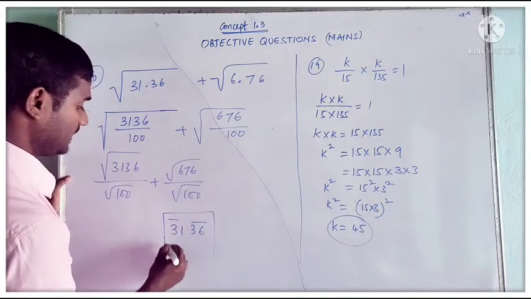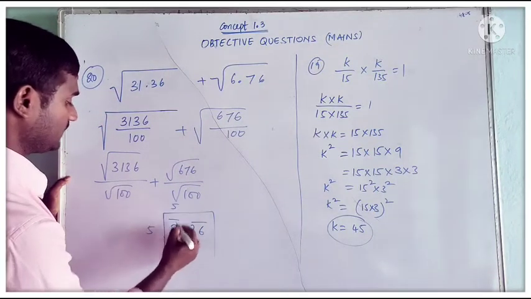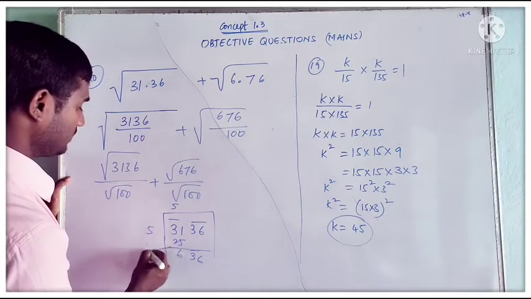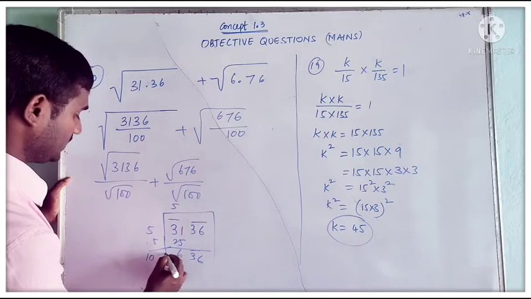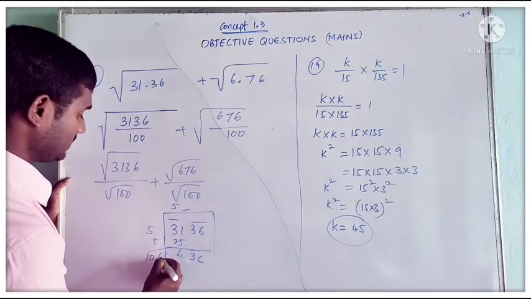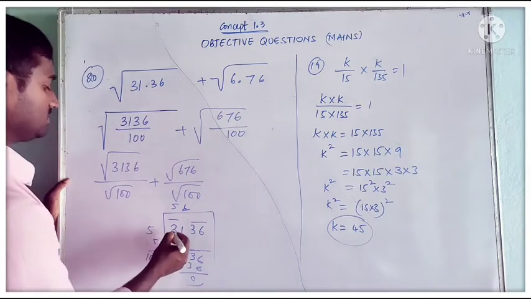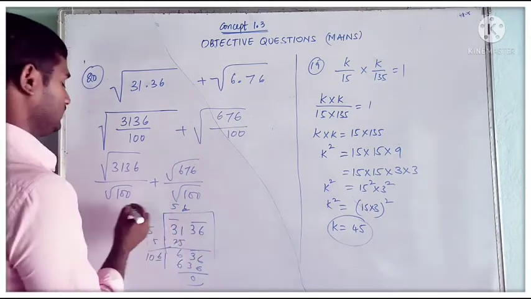Make a bar, and the nearest square is 25. 5 fives are 25, and draw down 36. Now 5 plus 5 is 10. One digit will come here, and it will be 6 into 6, 636. So square root of 3136 is 56.